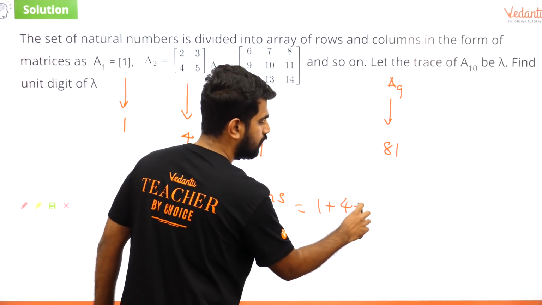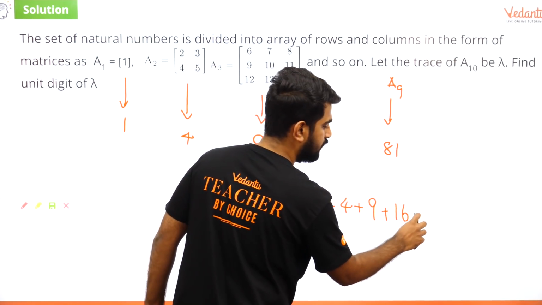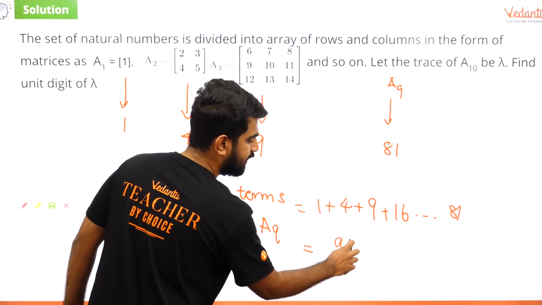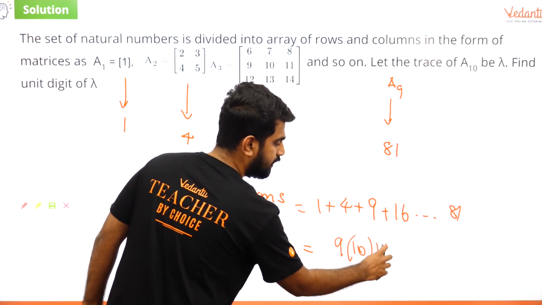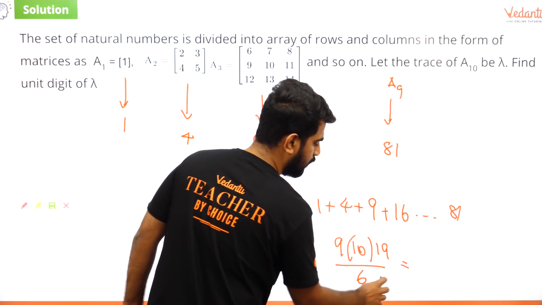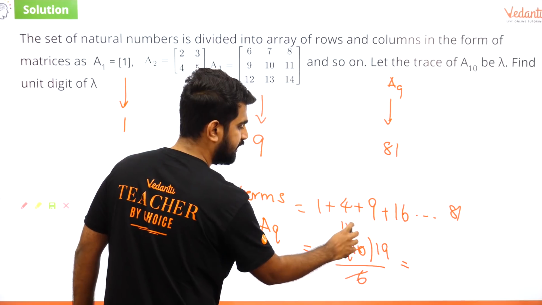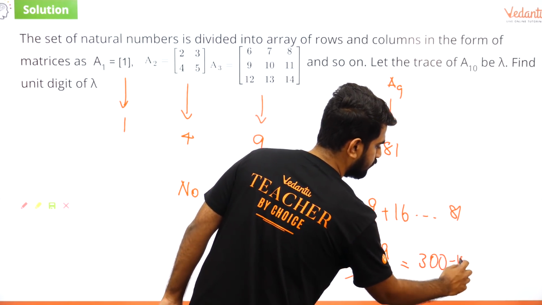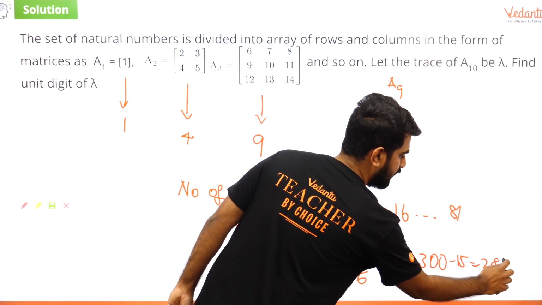1 plus 4 plus 9 plus 16 all the way up to 81. So that is going to be 9 into 10 into 19 divided by 6, which is going to be how much? Let's calculate. 300 minus 15. How much is that? 285.